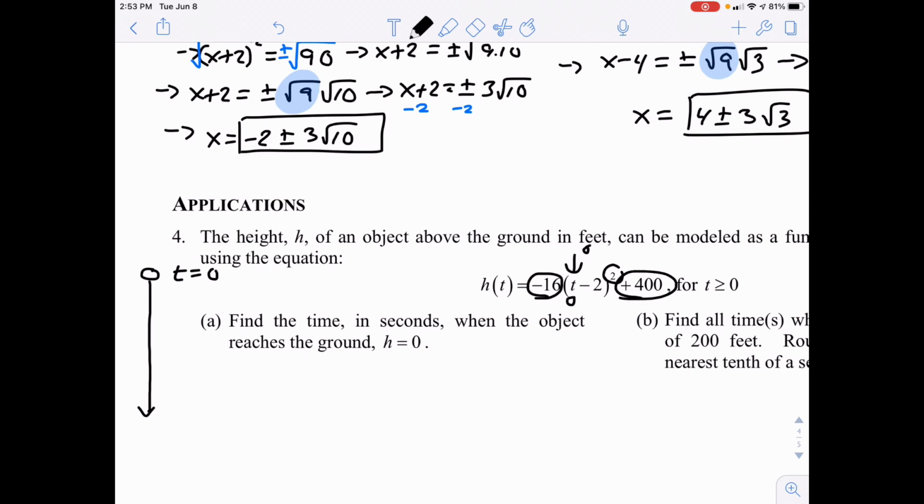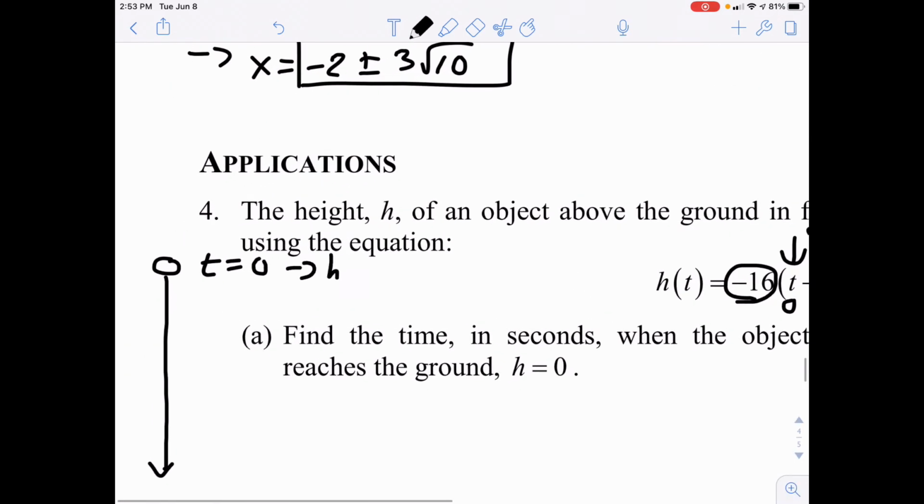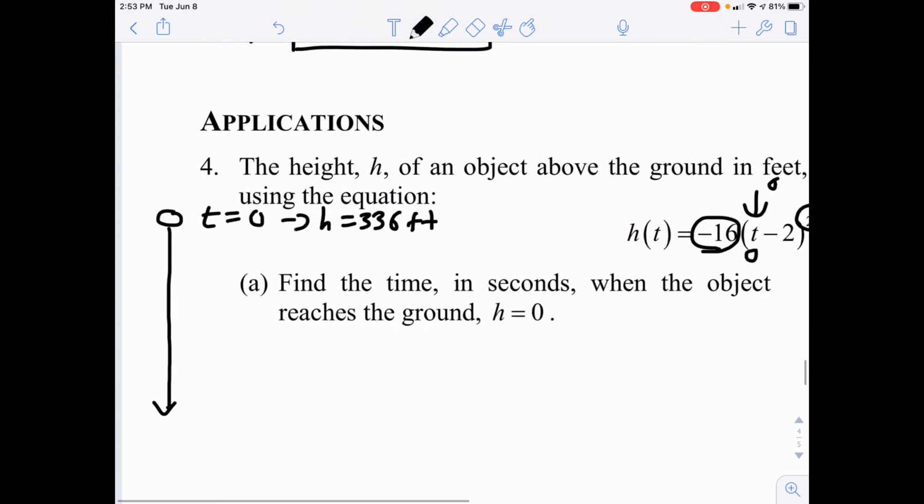So what that basically means is the ball is dropped initially from a height of 336 feet above the ground.